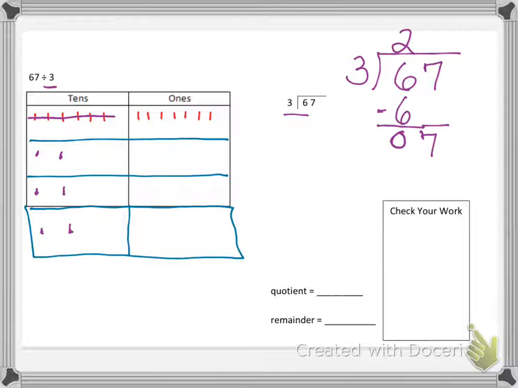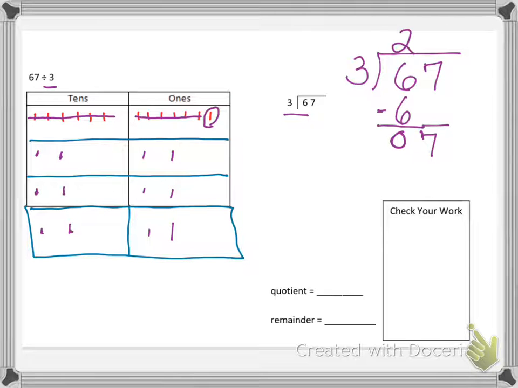Okay, so now we have the 7 ones, and now we're going to separate them into 3 groups. So we've got 1, 2, 3, 4, 5, 6. Notice we've used up our 6 ones, but there is 1 left over. So how does that look over here in our standard algorithm method?